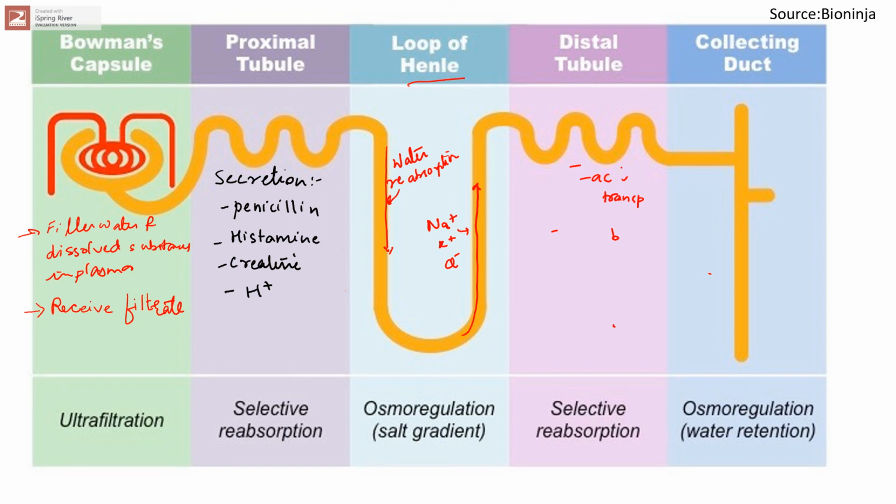At this point, the receptors evaluate the filtrate and the bloodstream to see what needs to be secreted and what more needs to be reabsorbed. So the main job of the distal tubule is to secrete more hydrogen ions and more potassium ions by electrochemical attraction.